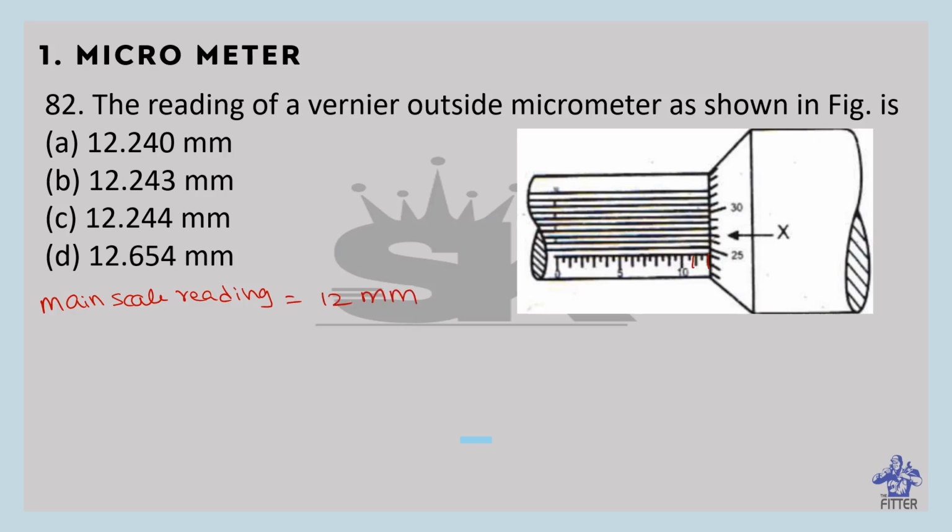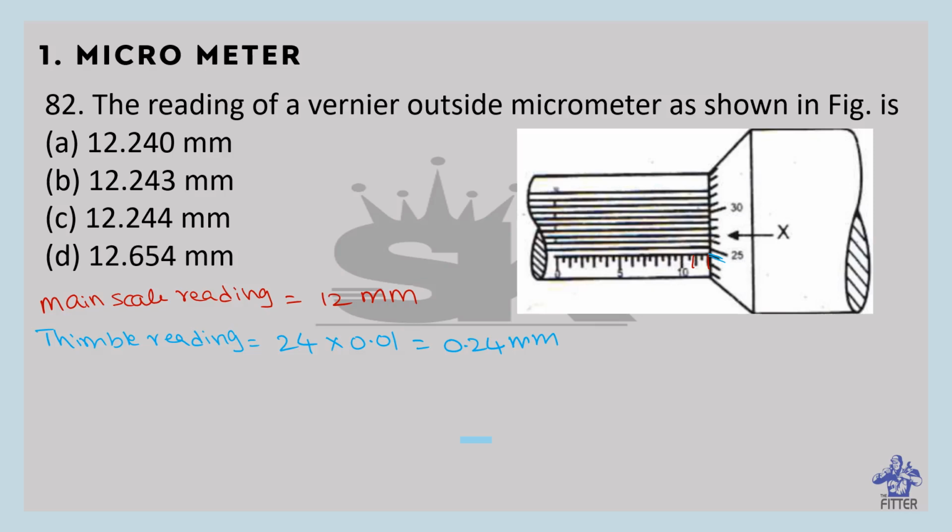Then the thimble reading. Here that is 24, so 24 into the least count 0.01 mm, which equals 0.24 mm.